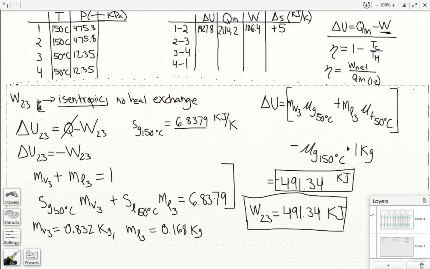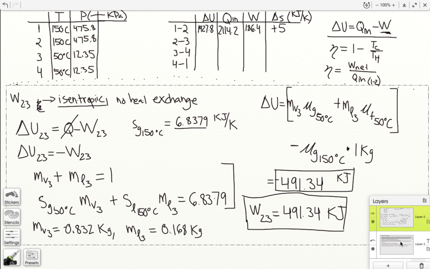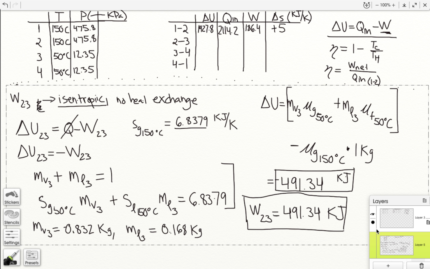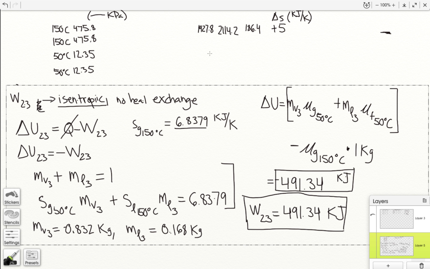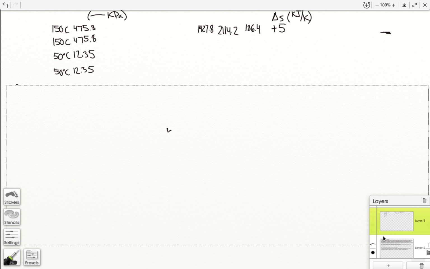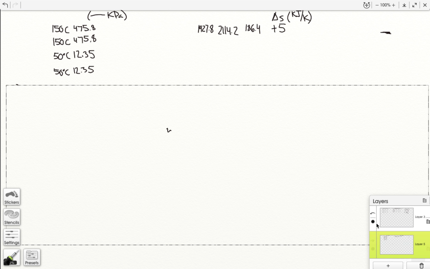Okay, we'll keep right here. Not what I wanted. 491.34. Okay, sorry, technical difficulties here. These layers are a little tricky.